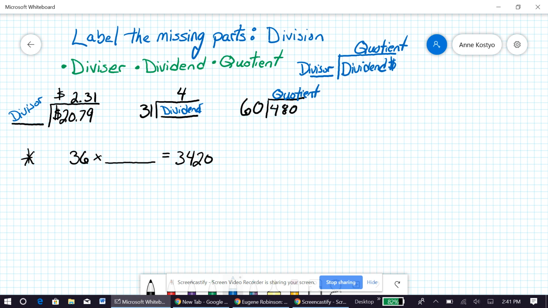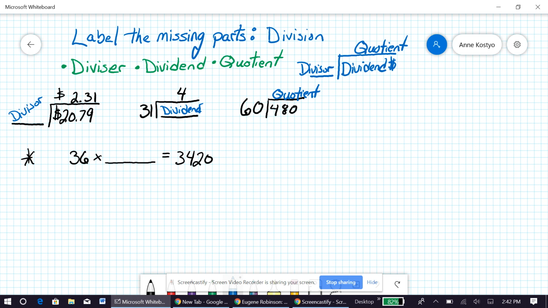Okay, these may be standard problems that you're like, these are easy in my homework. But occasionally they will throw you a curveball. And the next example is what I would consider a curveball problem, because they are giving you 36 times something that will equal 3,420.